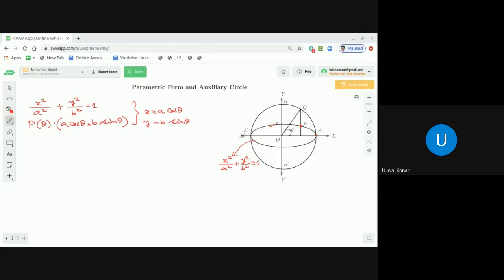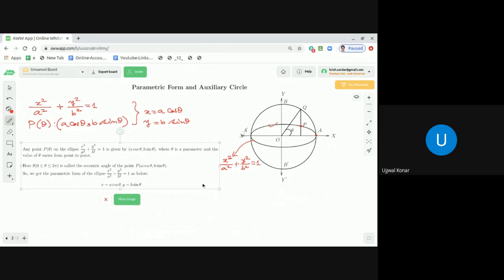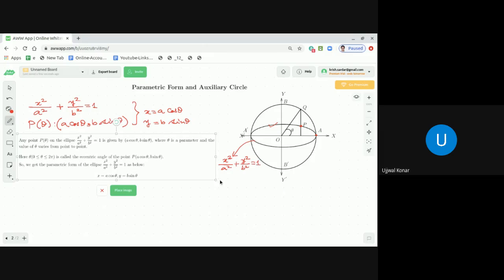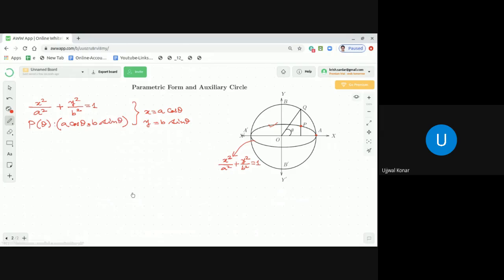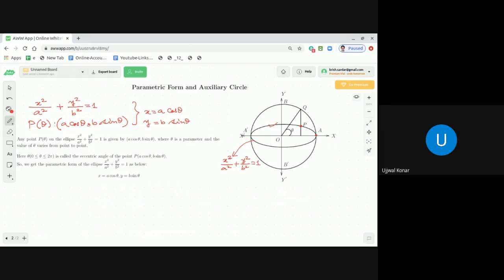So let me write down what I just said, dear students. Any point P theta on the ellipse x square by a square plus y square by b square equal to 1 is given by a cos theta, comma b sin theta, where theta is a parameter and the value of theta varies from point to point.